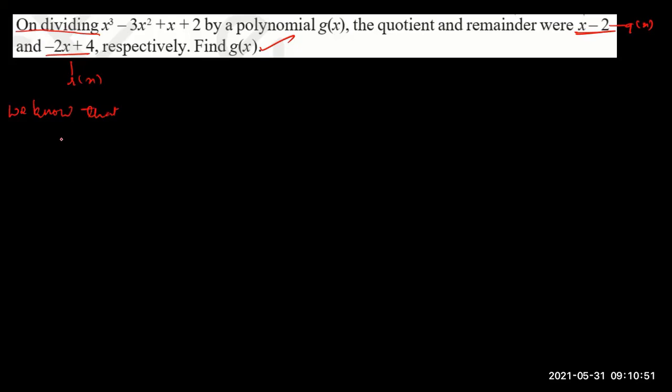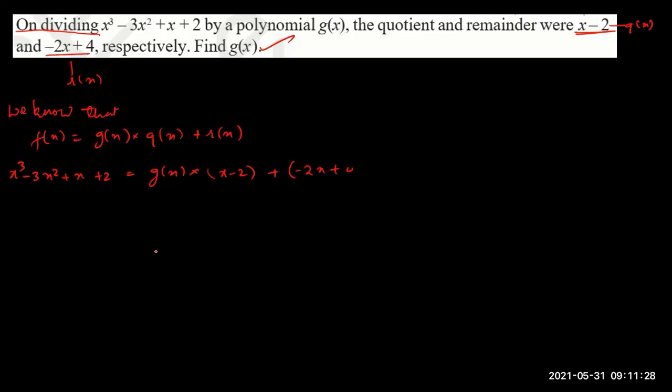That is, f of x is equal to g of x into q of x plus r of x. Now fill the values here. f of x is x cube minus 3x square plus x plus 2. g of x we are calculating, and q of x is x minus 2, plus a remainder r of x, that is minus 2x plus 4.